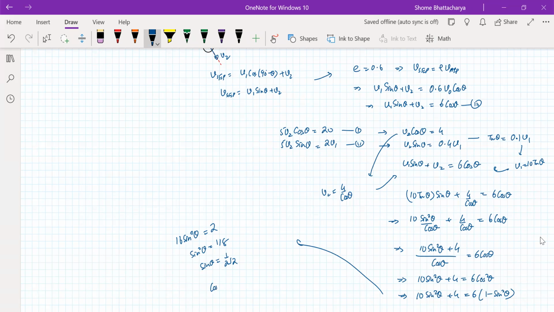And therefore we'll get cos square theta as 7 by 8, or cos theta as root 7 by 2 root 2. Okay. So once we get that, from that we can find out the individual values of v1 and v2 also.